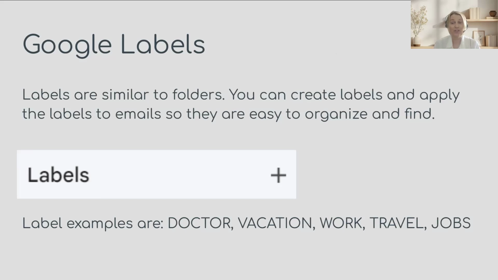Maybe you want to organize all of the emails from your doctor, or all of the emails regarding your upcoming vacation, or emails from work, or about travel that you're going to be planning, or about jobs that you are applying for. You can create these labels in advance, and I'll show you how to do that when we go to Gmail. And then you can move your emails into these labels so that they are out of your inbox, but they are permanently saved in those labels until you delete them.